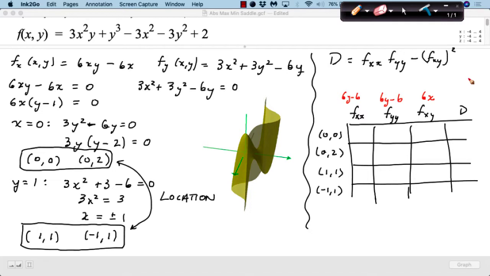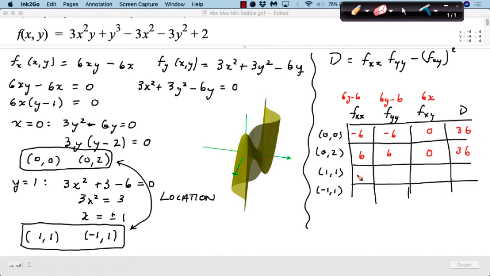Normally they won't. So at 0, 0, what is fxx? Negative 6, fyy negative 6, fxy 0. Discriminant is 36. At 0, 2, that's 6, 6, fxy 0. Positive 36.